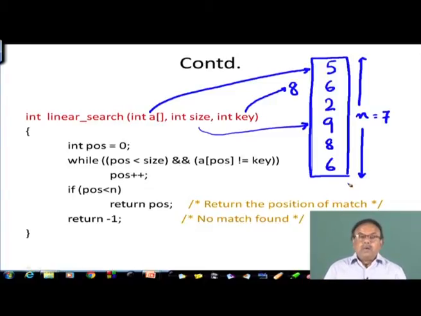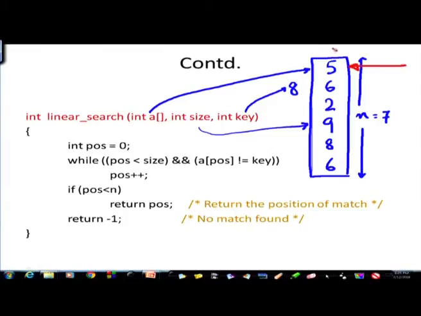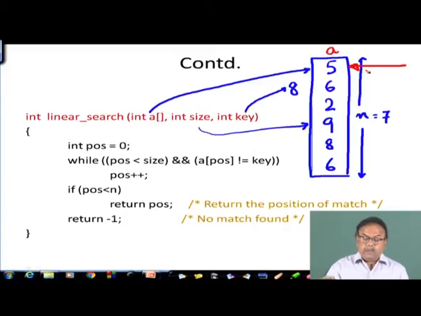So, now let us look at the algorithm. Int pos equal to 0, pos means position. So, initially I am in this position, that is this array is A, so A 0. While pos is less than size, it is right now 0, it is less than size, that means pos has not exceeded the last element, that means I have not yet checked the last element, that is why this is said.